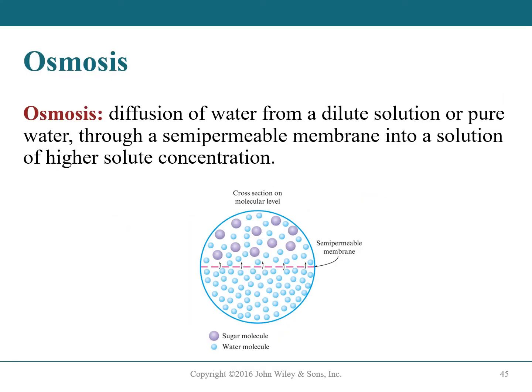Osmosis. What happens here is that when you look at something like this, this is my pure liquid, and this is my solution. It turns out my liquid molecules want to dilute out my solution.